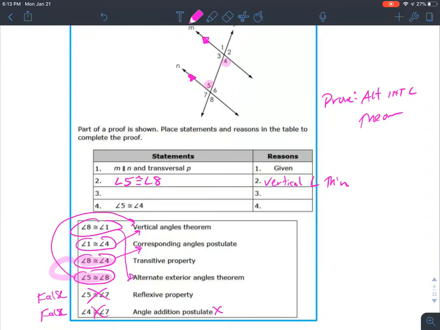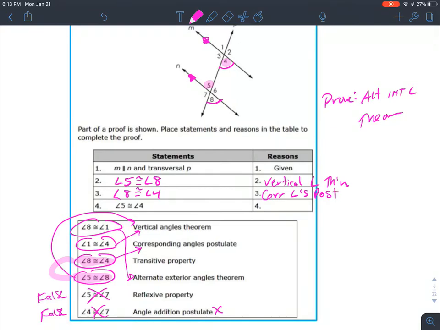And then if I say angle 8 is congruent to angle 4, looking at my picture, those are corresponding angles. That's the corresponding angles postulate. Once again, on the state test, these are drag and drop answers. You don't have to type this in, you just grab it and drag it up.